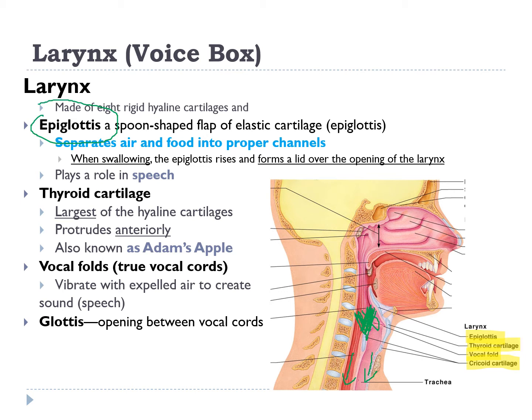You also in your larynx have what's called thyroid. It's made up of thyroid cartilage, which is the largest of the hyaline cartilages, and protrudes out in front of the larynx. So you remember on the skeleton, right? We had the skeleton. That's a very bad skeleton. Okay, then we had the ribs, right?